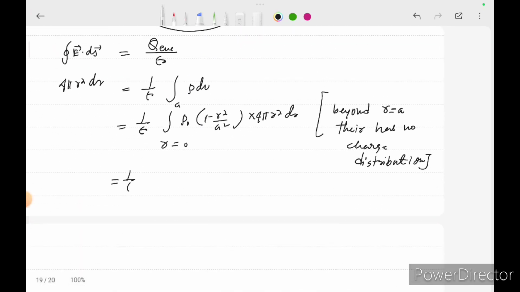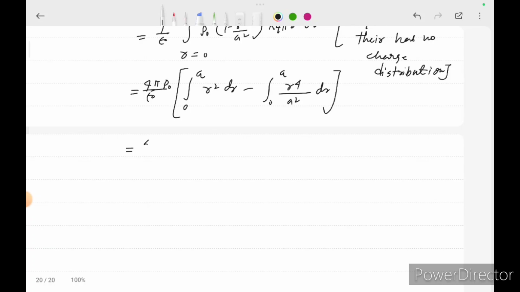So 1 upon epsilon naught, 4 pi rho naught taken out, that is the integral from 0 to a of r squared dr minus the integral from 0 to a of r to the power 4 upon a squared dr. That equals a cubed upon 3 minus a cubed upon 5.